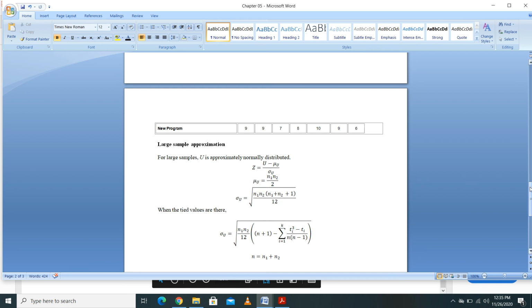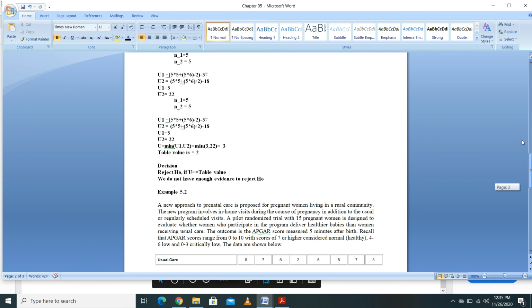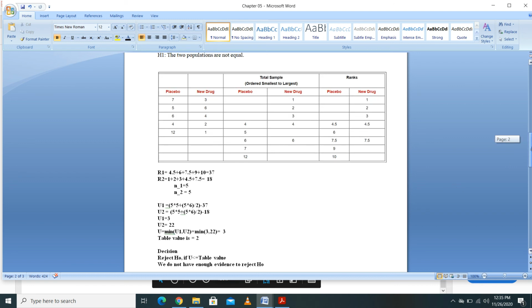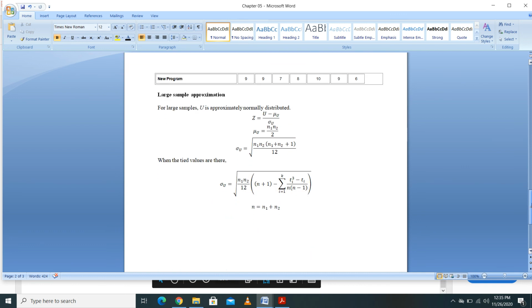Plus, if you have tied values when you are calculating, in the example that we did, we had tied values. Here you have two 4s and two 6 values. Remember when we were discussing the Wilcoxon test, how did we calculate the t value for the tied values? Exactly using that procedure.